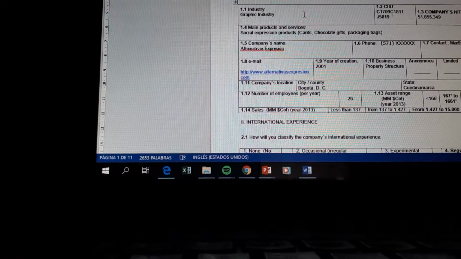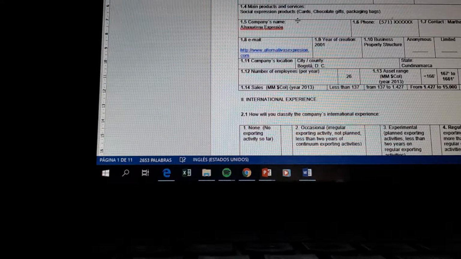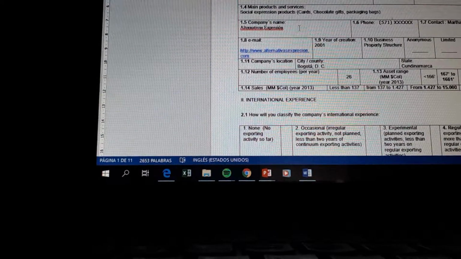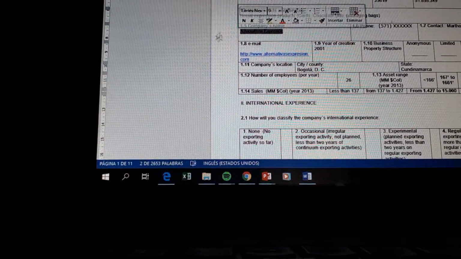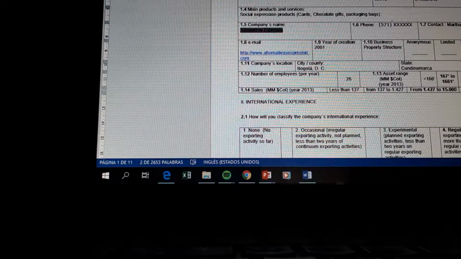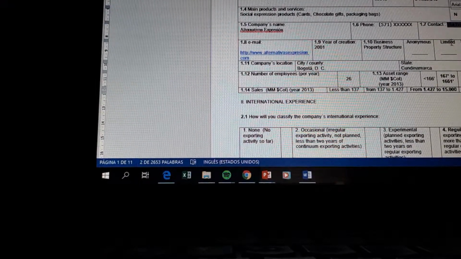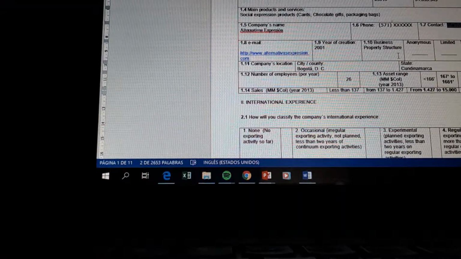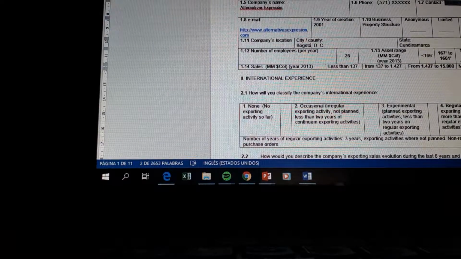And this survey is already filled out by the general manager of Alternativas de Expresión, in this case Marta Rosa, who is the wife of the couple that created this company.